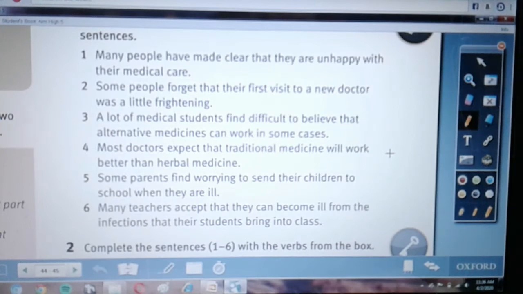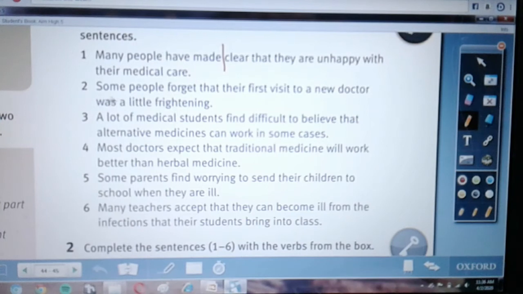So which one do you think is better? The first one or the second one? The second one indeed. So that's why we need to put it right here after the main verb made and before the adjective clear. Okay?